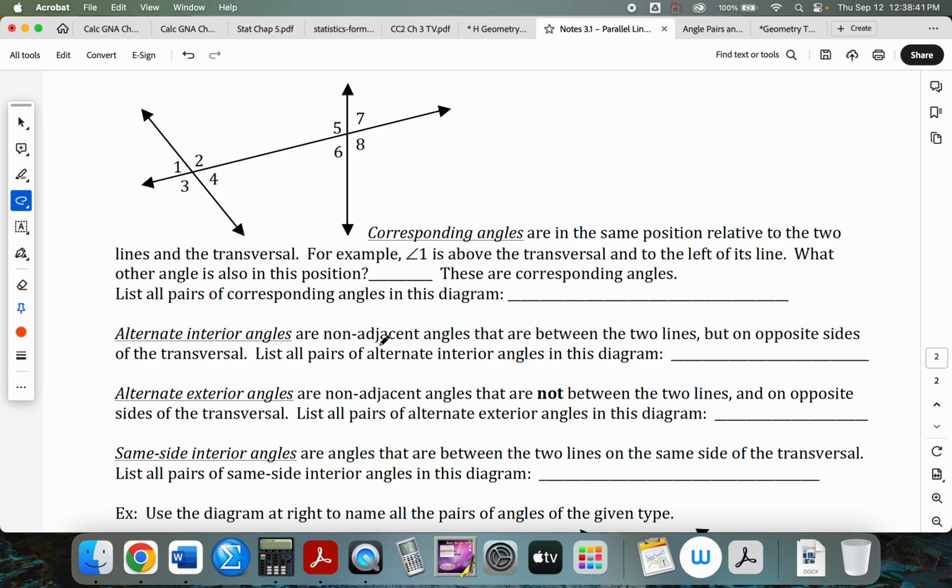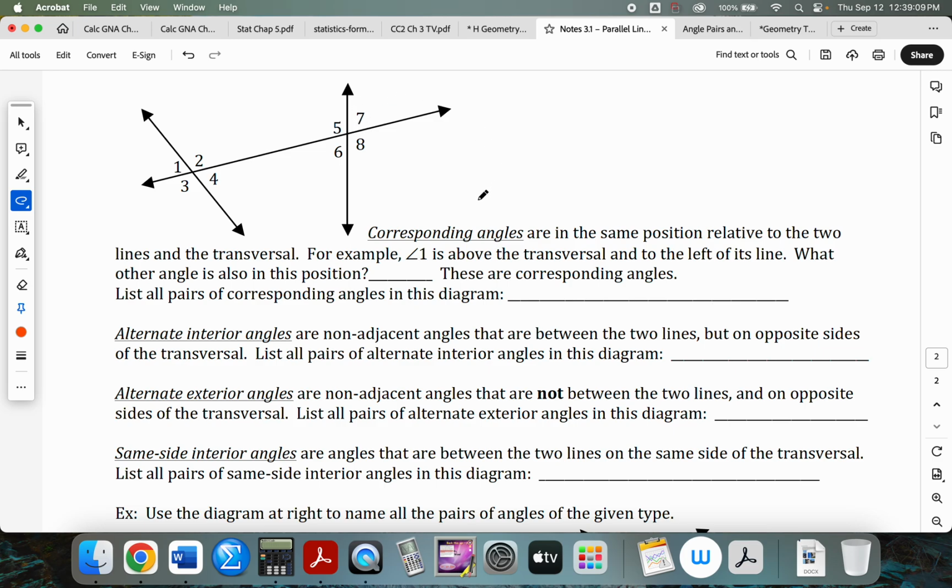So, corresponding angles are in the same position relative to the lines and the transversal. For example, if you look at this group of 4 angles, angle 1 is above the transversal and to the left of its line. Now look at this group of 4. What angle is above the transversal and to the left of its line?